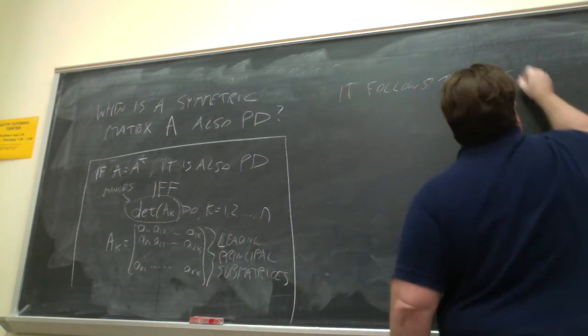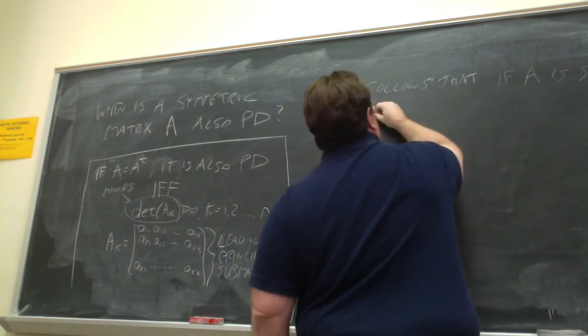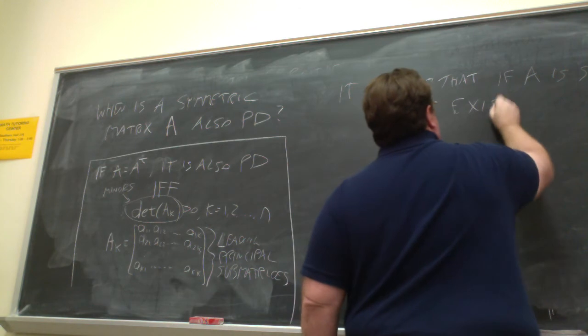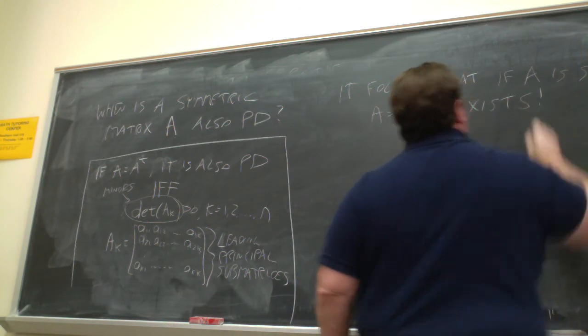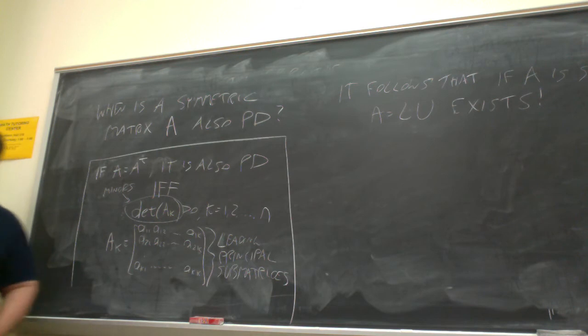So what we can conclude from this is that if A is SPD, the LU decomposition is guaranteed to exist. In other words, you are never required to pivot during Gaussian elimination. That's one nice thing, because with symmetric matrices, if you're computing LDLT, you may need to pivot to avoid division by 0.